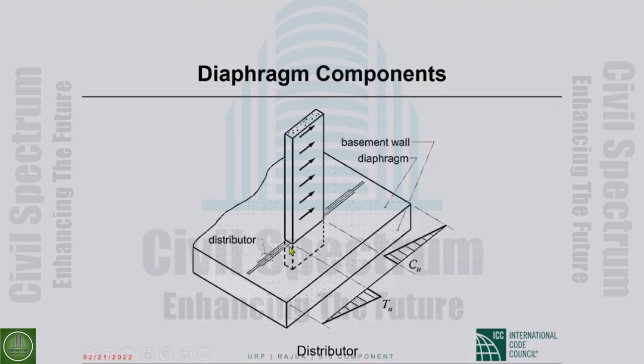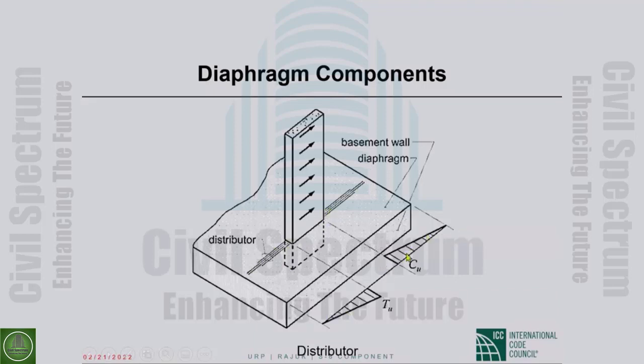Okay, so the base shear will cause shear stresses in the diaphragm. You can imagine the shear stresses, and the shear stresses build up to tension in this part, and it is large compression here and then decreases to zero.